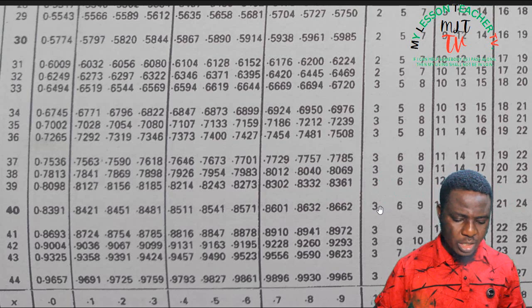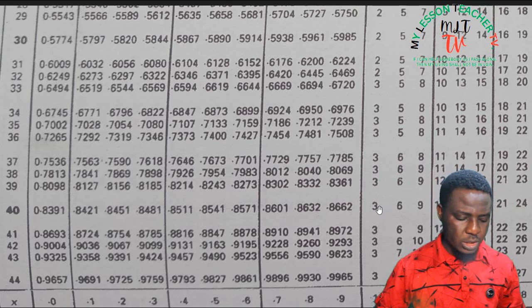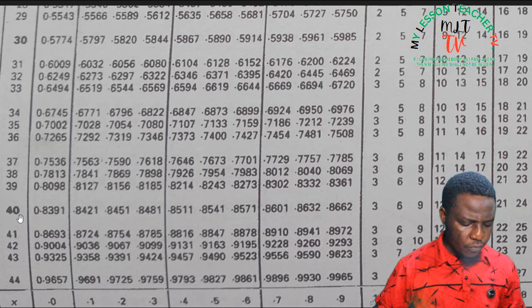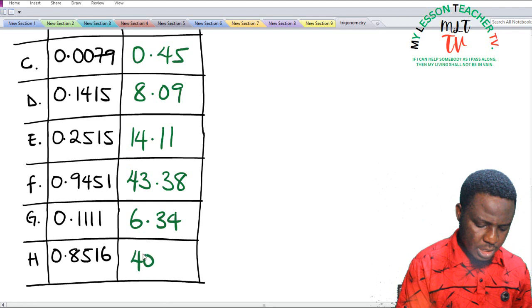The next will be 0.8517, which is higher than 0.8516. So we pick the least value closer to it. Our answer can be said to be 40.41.